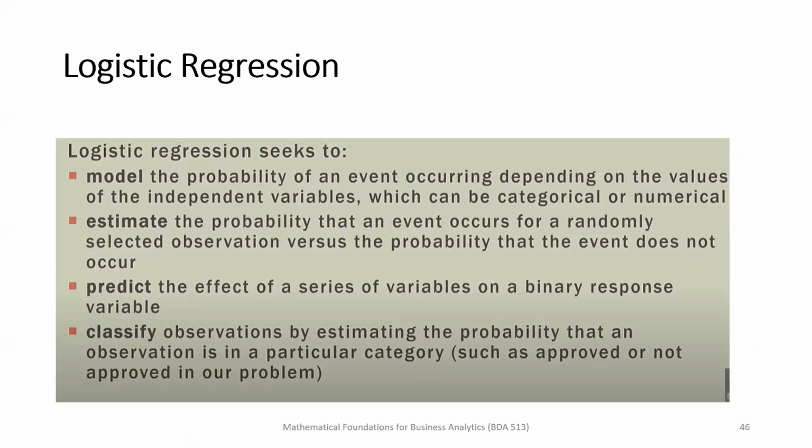We want to predict the effect of a series of variables on a binary response variable, and classify observations by estimating the probability that an observation is in a particular category, such as approved or not approved, as we have in our problem. Where the response or dependent variable is binary, a yes or no kind of situation, logistic regression is the best model to use.